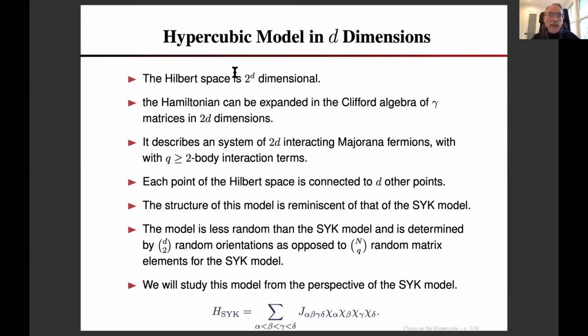I already said that the Hilbert space is 2^D dimensional, as many points as you have a lattice. So what you can do with the Hamiltonian, you can expand it in a Clifford algebra of gamma matrices in 2^D dimensions. And then you can interpret it like a system of interacting fermions.